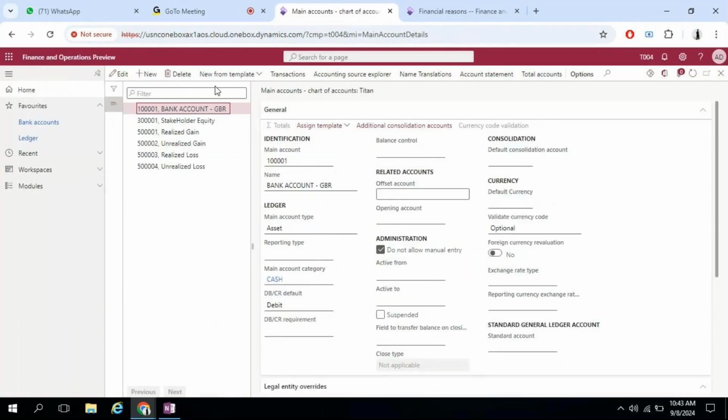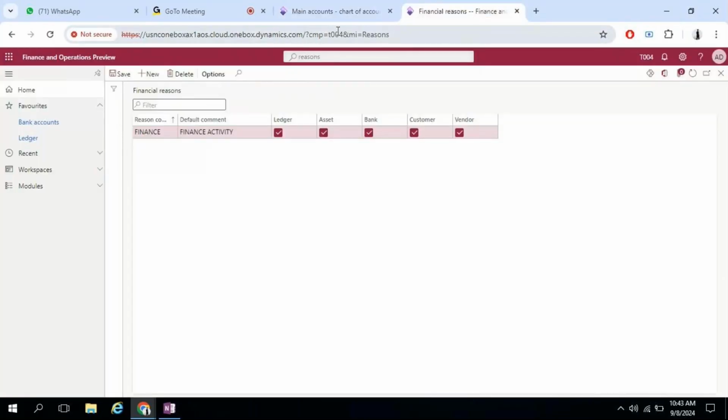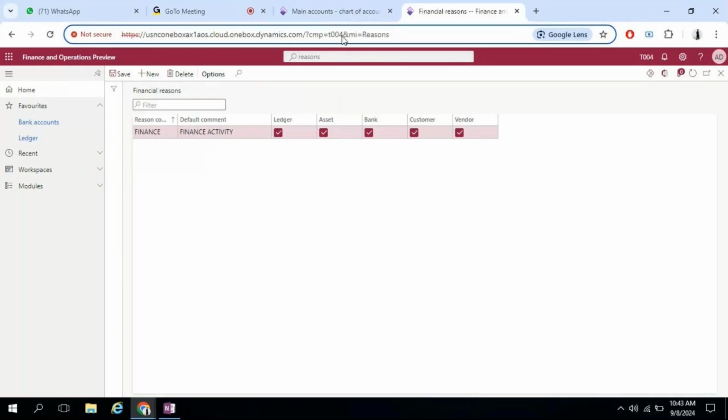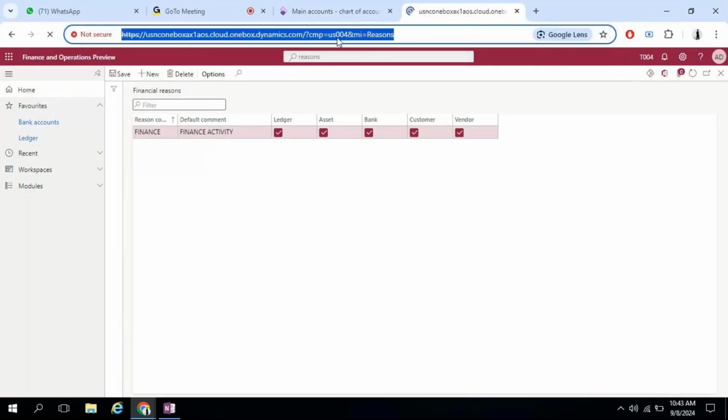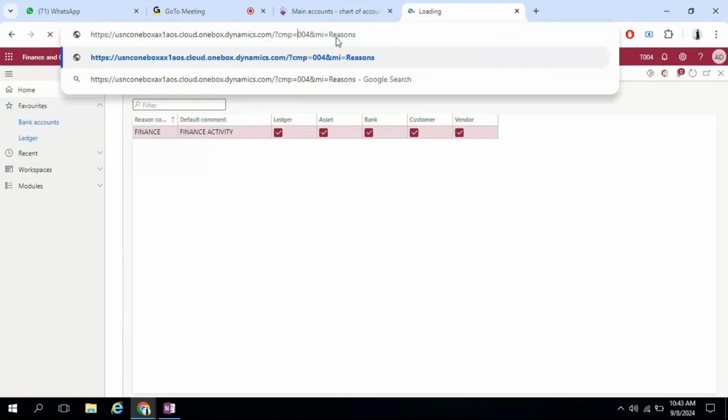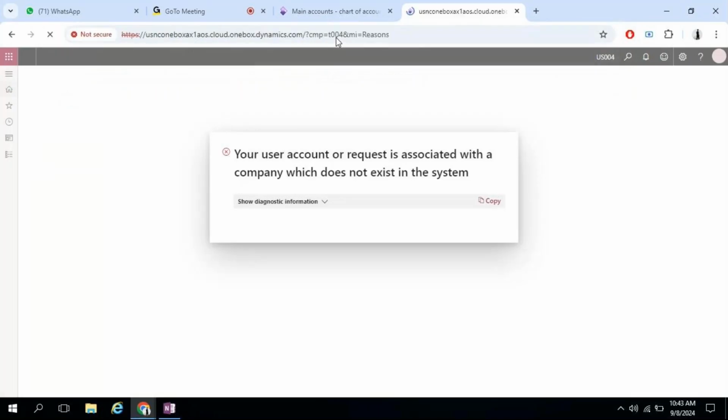So this petty cash account will be kept in the asset side or in the expense side. Okay, let's see what they have done in the USMF entity. Normally petty cash account will be kept in the asset side.